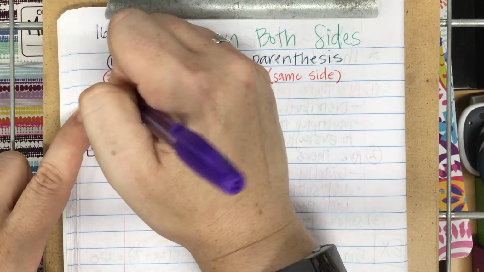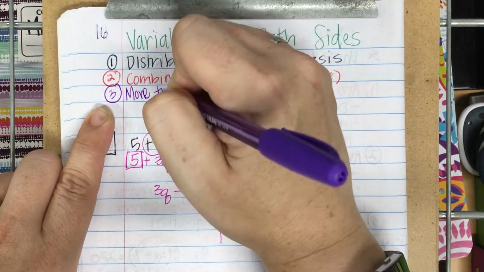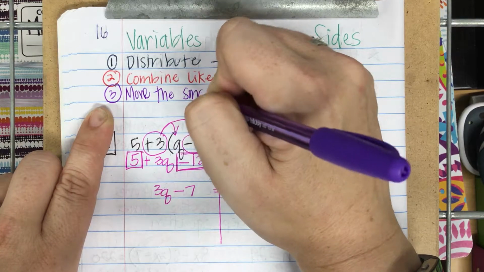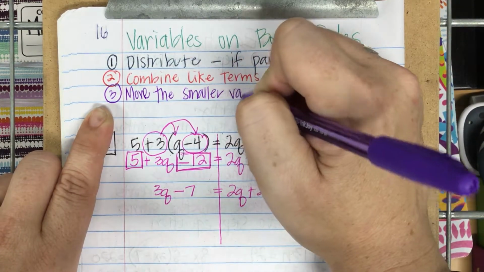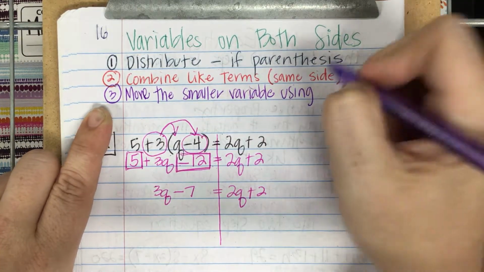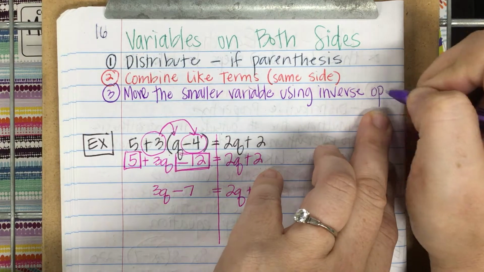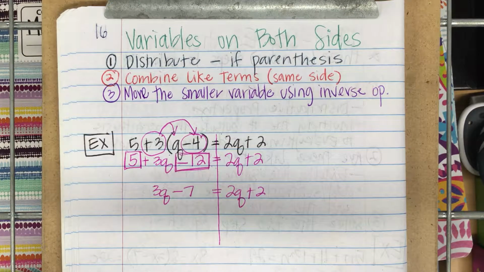But if you move the smaller variable using inverse operations. If you move the smaller variable, you are drastically decreasing your chance of having a negative number.